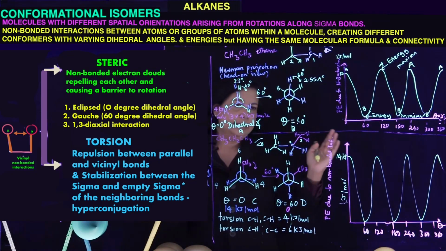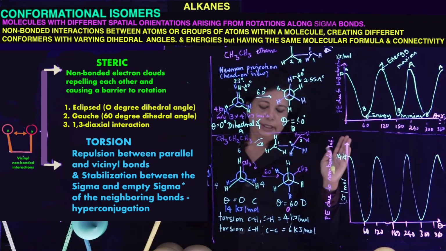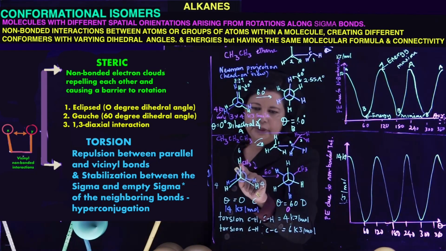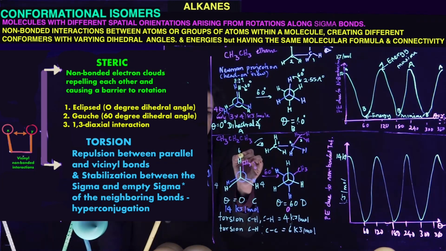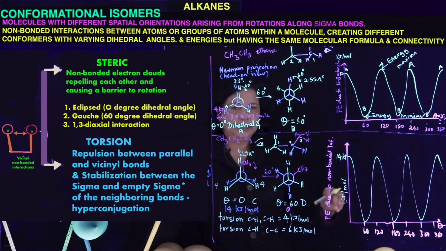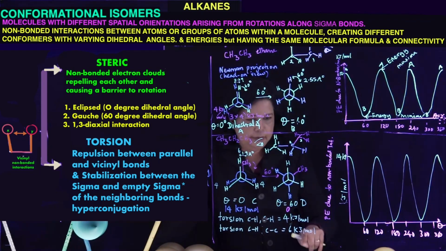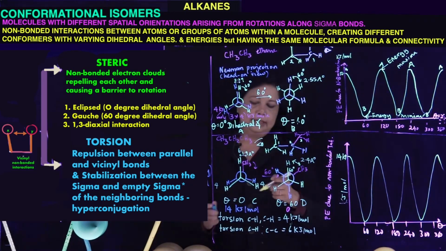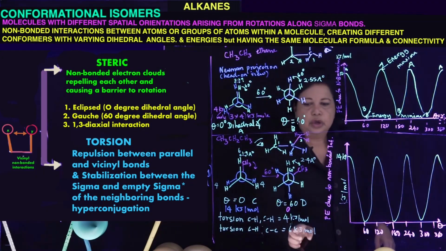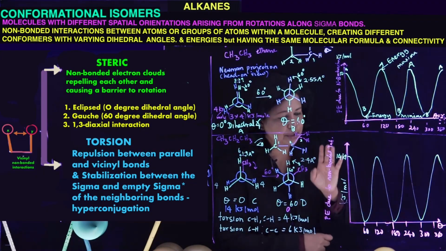It would also cause less steric, except with hydrogens the steric is minimal. Over here when you have the CH and CH3, this is going to be 1.9 angstroms, because carbon's a little bigger, right? And then when it goes over here, this angle is 60, the distance there is 2.4 angstroms. So you can see as the distance increases, the energy also drops. All right, guys, so see you next time. Bye.